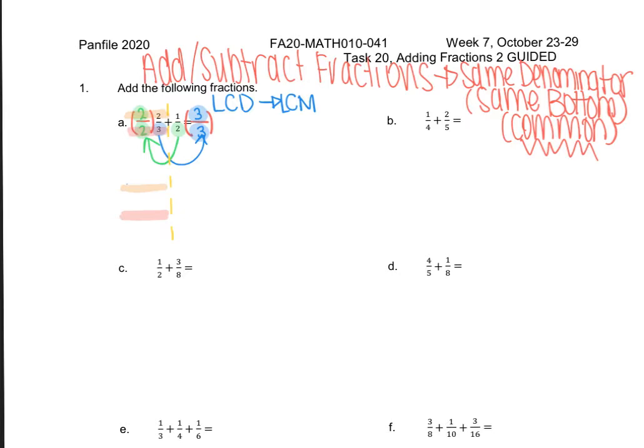Because if you start with a fraction, you need to end with a fraction, right? So what you had on top there was 2 times 2, which gets you 4. And on the bottom, 2 times 3, which gets you 6.